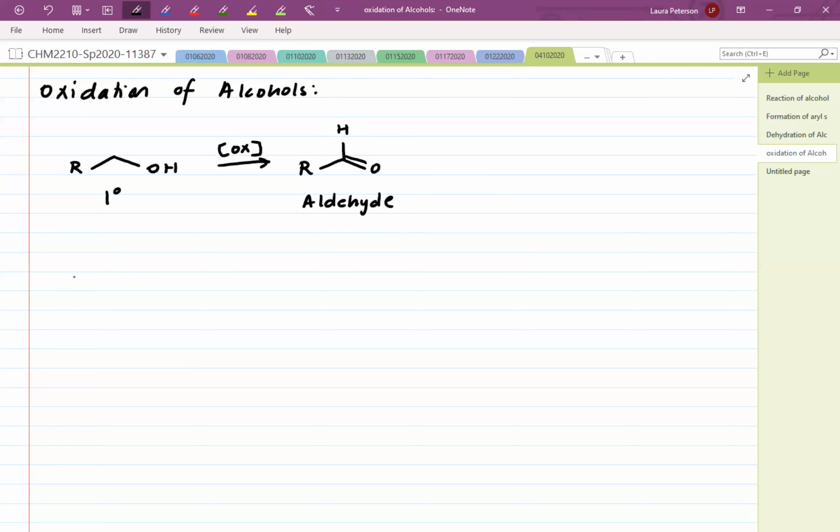But I still have this one hydrogen that I could continue the oxidation with. If I used different oxidation conditions, I could continue my oxidation to the corresponding carboxylic acid.